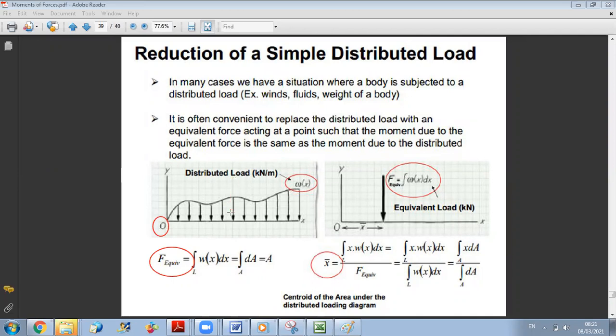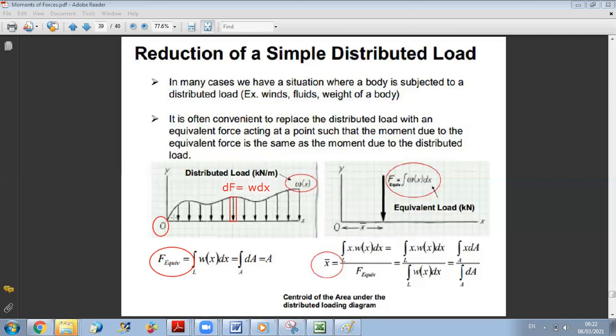So here, if I consider for each elementary force, what is the moment about O? So if I take a small force here, okay, for each elementary force, dF, we have seen that dF is given by what? It's calculated by omega dx. Okay. Now this force is producing a moment about O. To find this moment, I should multiply by the distance.